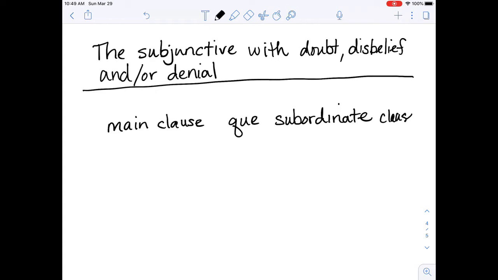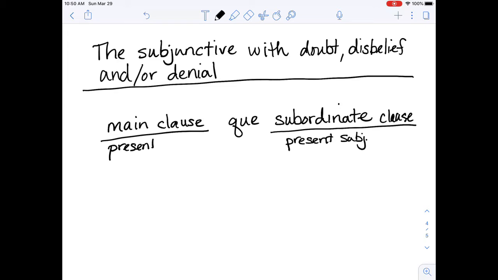Okay? Now, hopefully we've picked up at this point that the subordinate clause will be in the present subjunctive. Okay? And that the main clause will be in the present tense.